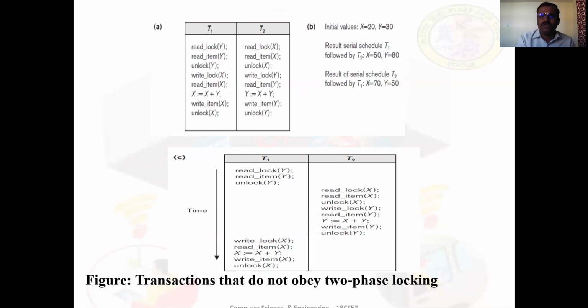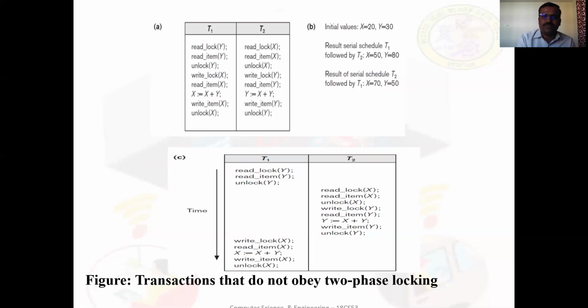T1 followed by T2. Here, read_lock of Y, Y is 30, read item Y, unlock Y. Write_lock of X, item X is 20.